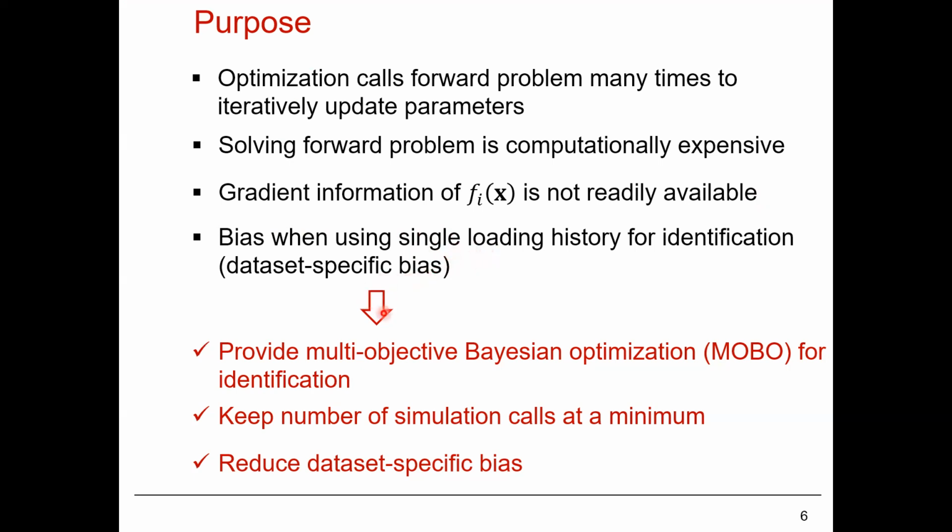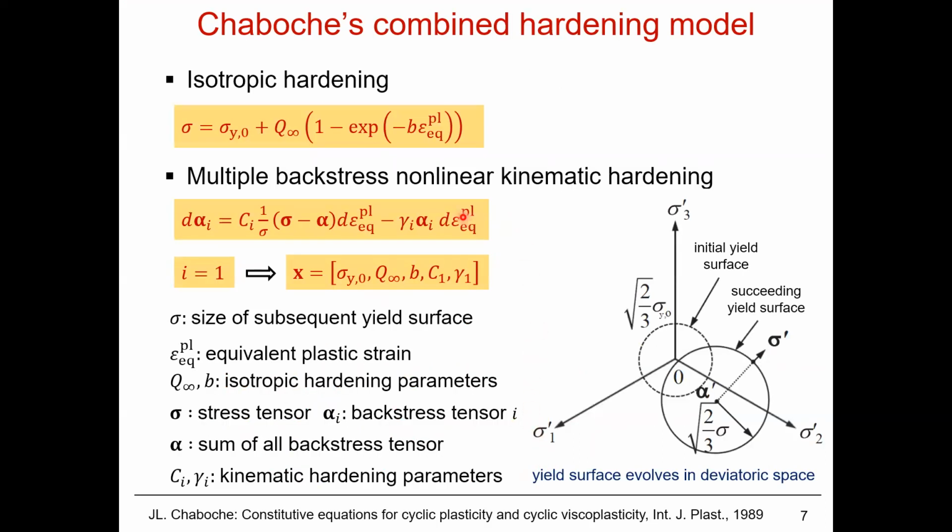So in this study, we aim to provide a global optimization framework using Bayesian optimization for solving the identification problem, while we keep the number of costly simulations at a minimum, and also we want to reduce the dataset specific bias.